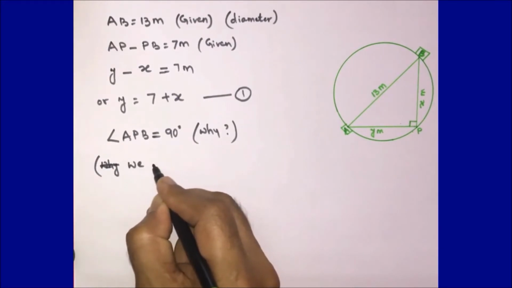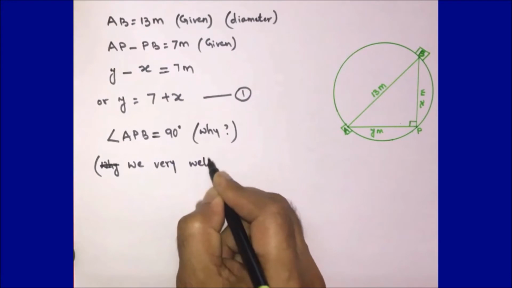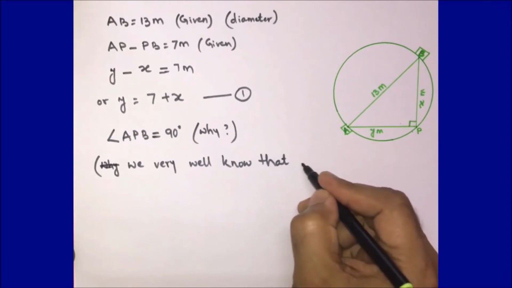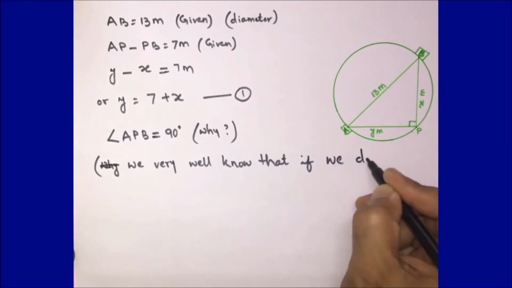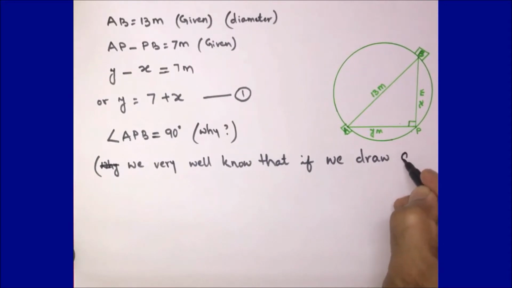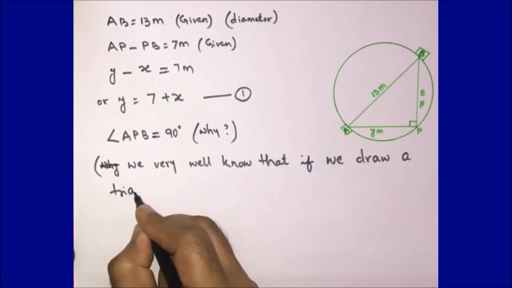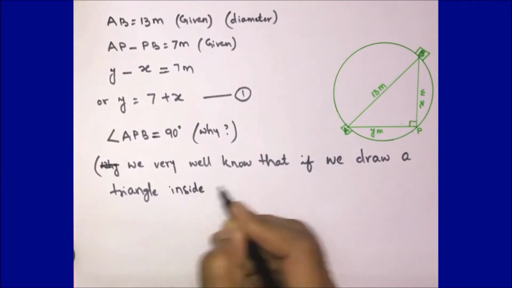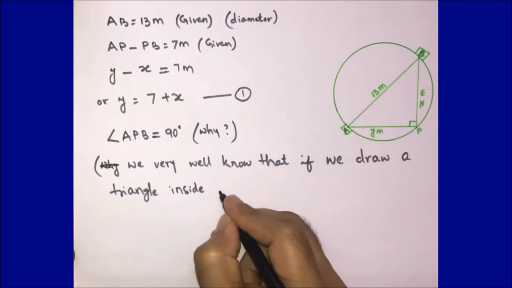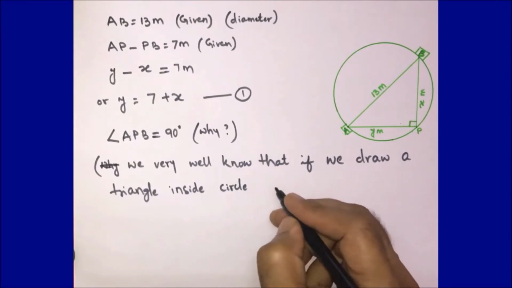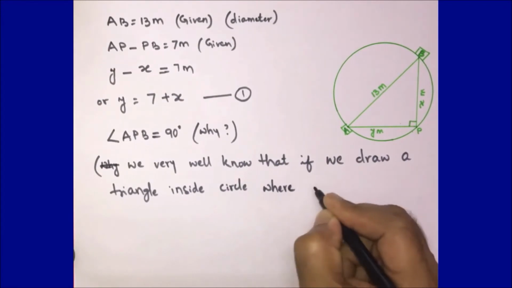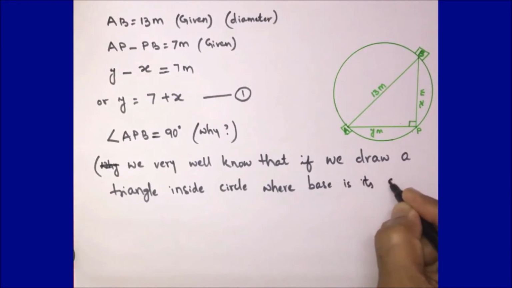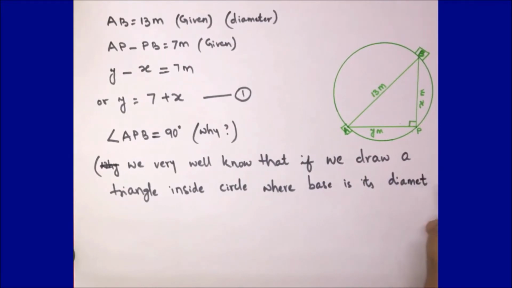We very well know that if we draw a triangle inside a circle, where the base is its diameter, this is one of the most important things to form a right angle triangle.